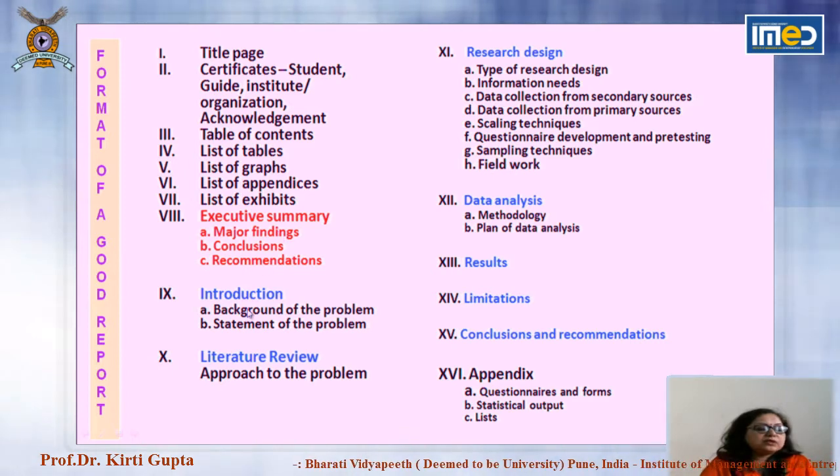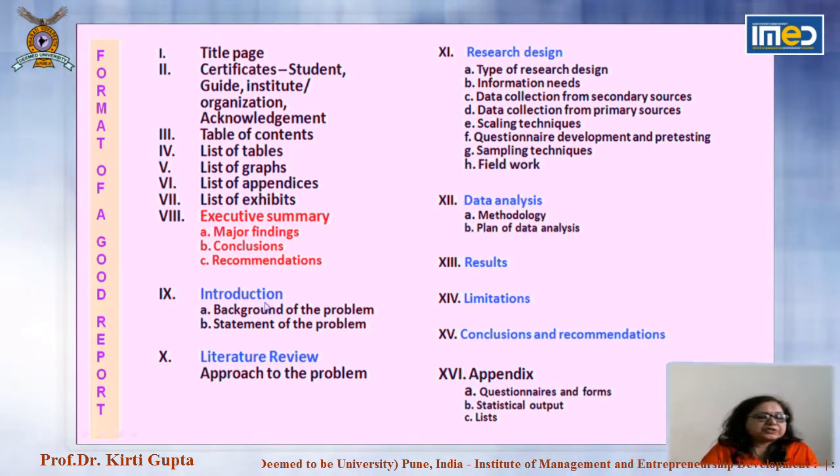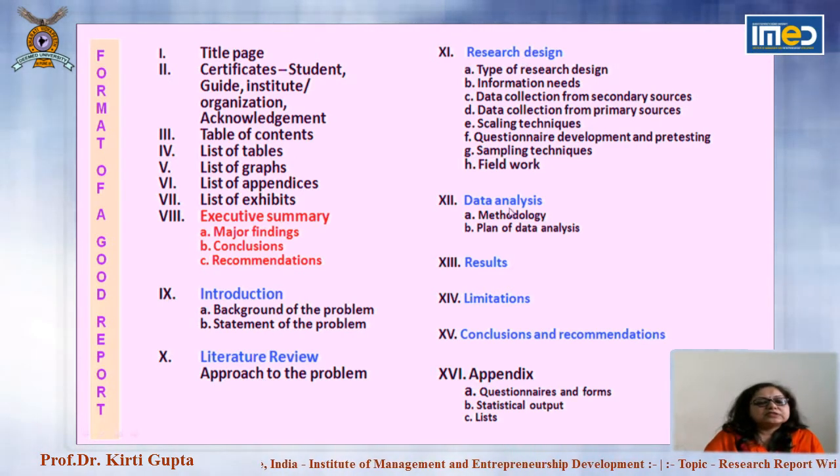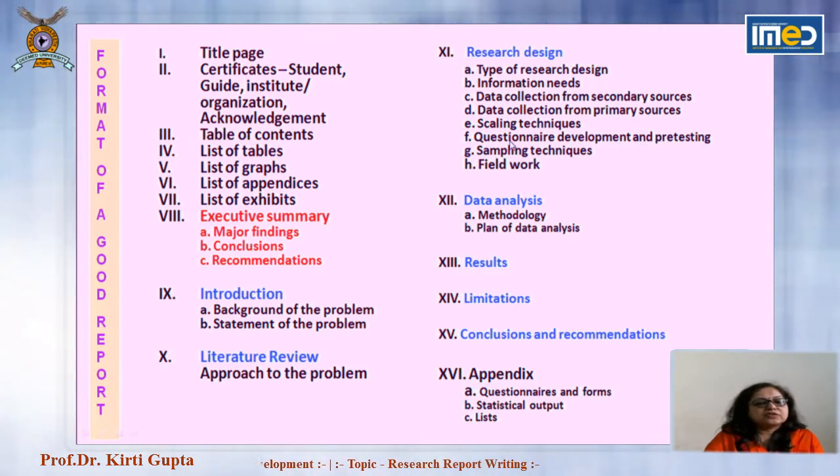Then you begin with the introduction, that is the main text. The first chapter is introduction, and literature review is the second chapter. Third is research design, data analysis, results, limitations, conclusions, and recommendations. This is a very general format of any research report, and the format may vary from purpose to purpose.